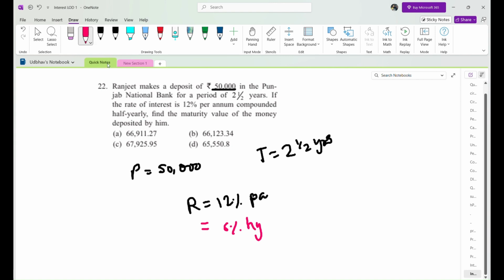We want to find the maturity value, and this is for 2.5 years, that is 24 plus 6 months.